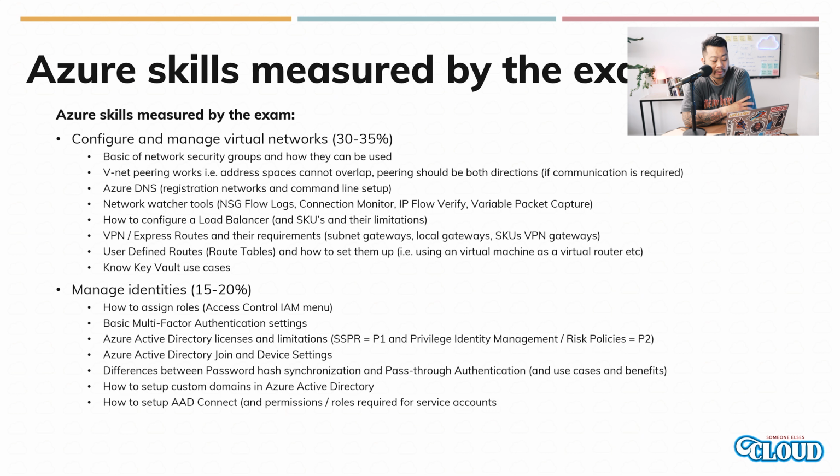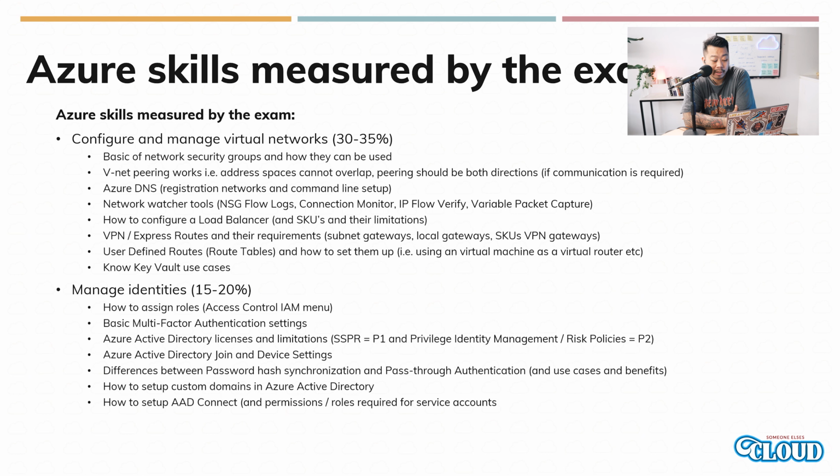So understand the IAM controls, so that sort of overlaps with the first topic. Know the basic MFA settings, not conditional access policies, but the actual settings that come with Azure AD by default. So you can configure things like trusted locations, I believe, and things like that.